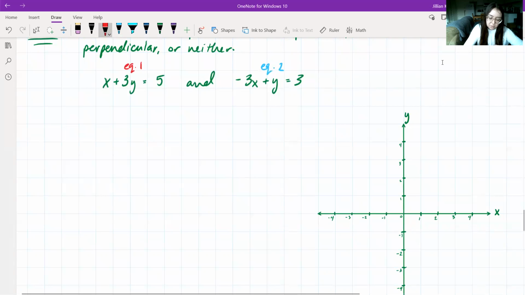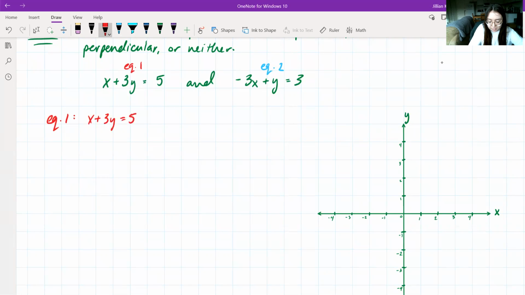All right, dealing with equation 1, we want to find this slope here. We have x plus 3y is equal to 5. We'll find our slope if we solve for y. So let's subtract x from both sides. We get x plus 3y minus x is equal to 5 minus x.